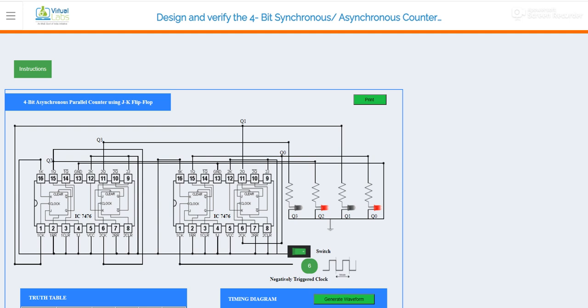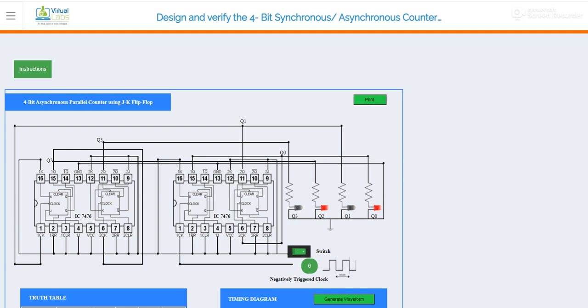So a single clock is controlling the functioning of all flip-flops in the case of a synchronous counter, and here we are implementing an asynchronous up counter. So the Q output will be connected to the clock of the next flip-flop.